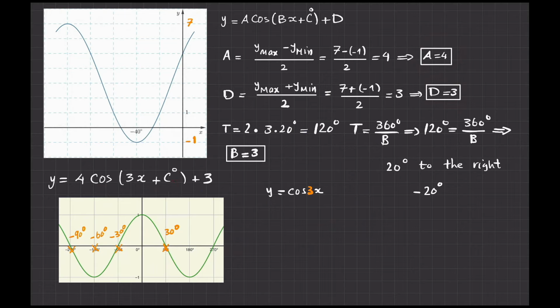I need to know how much is added to x itself. So what should I do? So this will motivate me to write 4 cosine, but instead of writing 3x plus c degrees, I factor a 3 out. It becomes x plus c degrees over 3, and then of course I will have a 3. So the amount of shift is c degrees over 3, which should be minus 20.